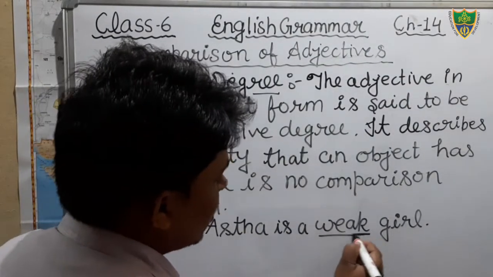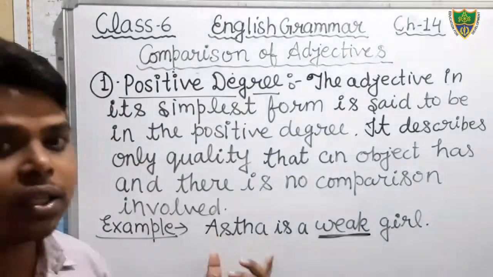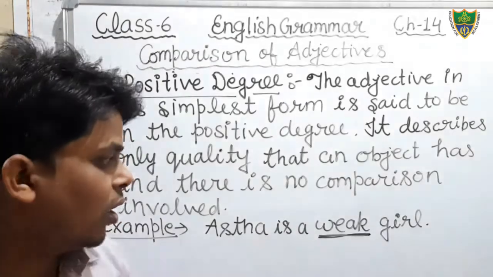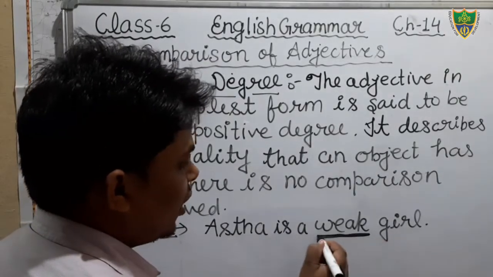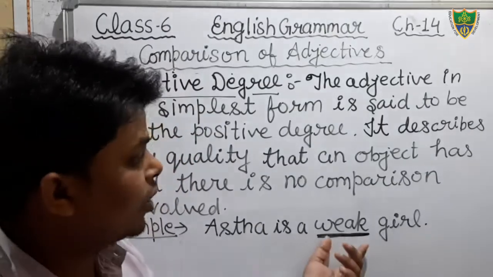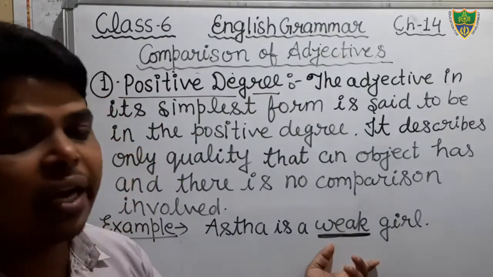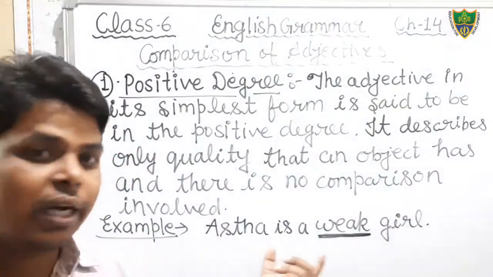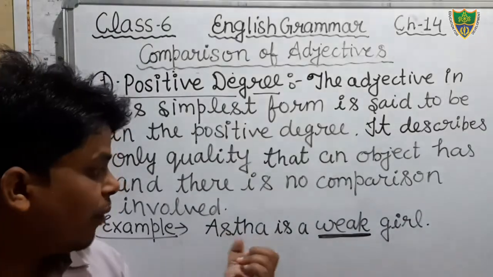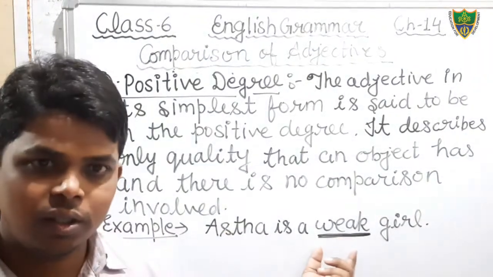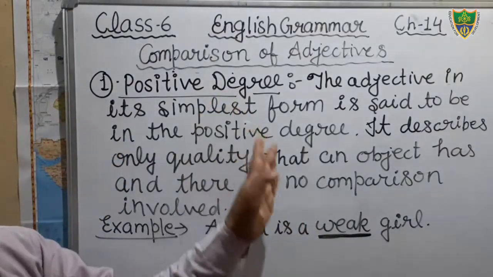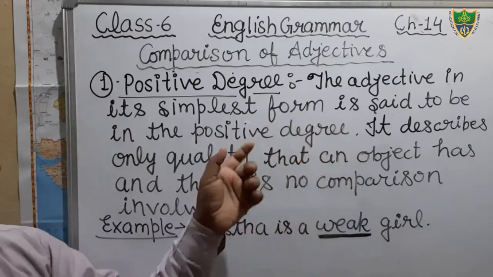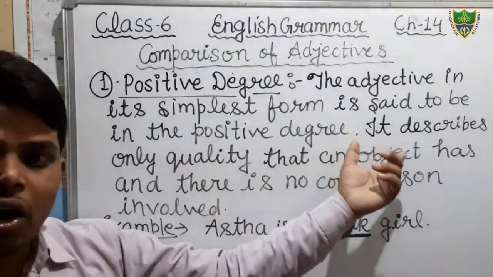Dear students, in this sentence there is only one girl, Astha, and there is no comparison involved in this sentence, and the adjective is also written in its simplest form. Therefore, that is positive degree. We are talking about Astha, that she is weak. So as the definition of positive degree says, it is the simplest form and it describes only the quality that an object has.